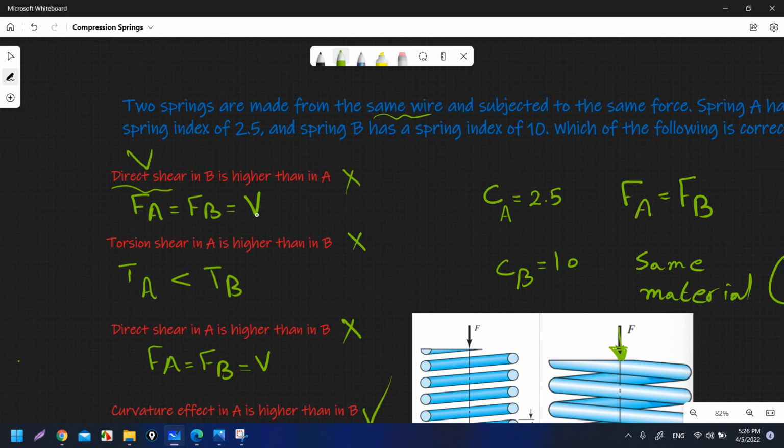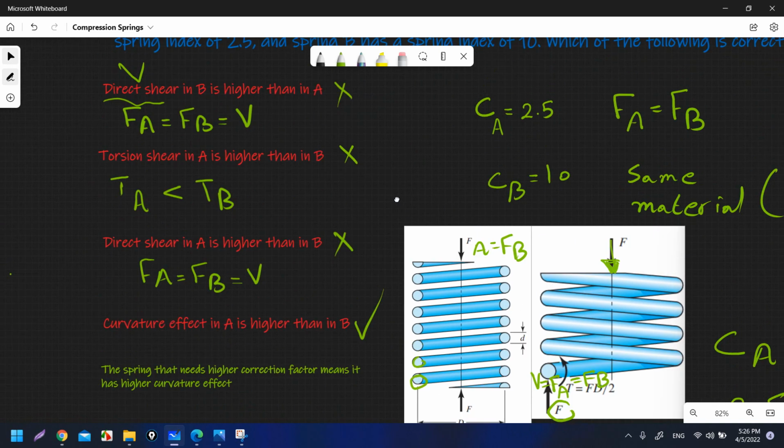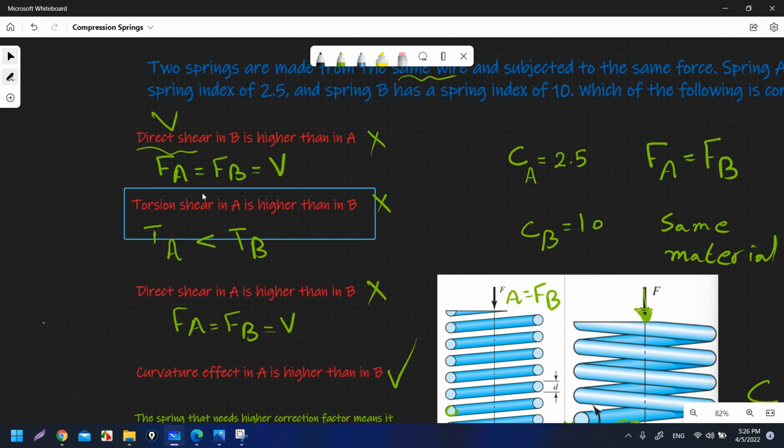Also, direct shear in A is higher than in B is wrong, because Fa is equal to Fb and equal to V. If you make a section on the wire, V will equal Fa or Fb. So these two answers are wrong.